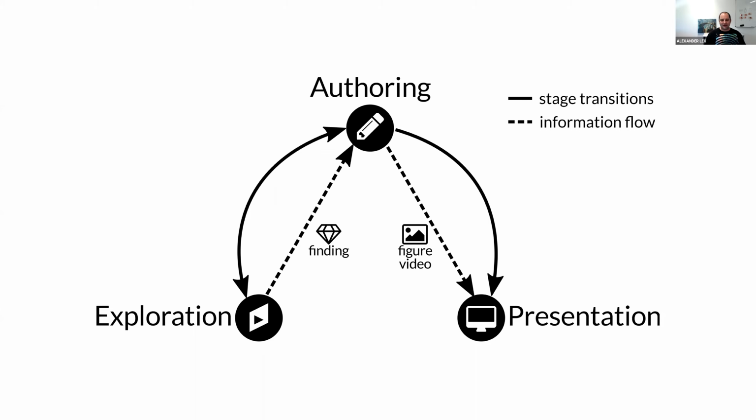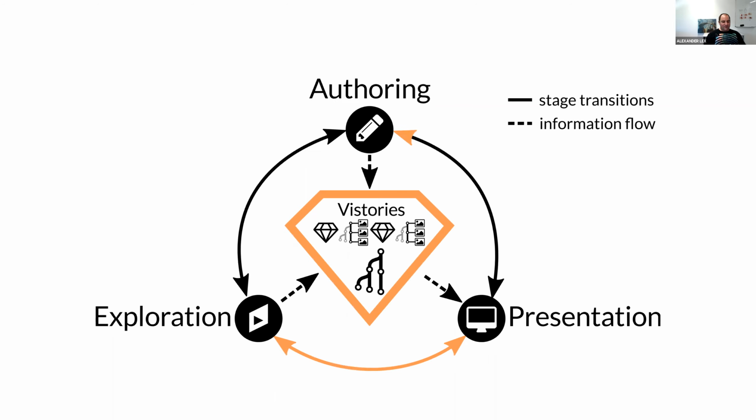And there really aren't any great tools to support this. We would rely on standard tools for presentations like PowerPoint or Adobe Premiere to create our analysis stories. And so what we did in this project is instead replace this with a centralized system, which we call VisStories, that tracks the provenance, but also allows us to author these visual analysis stories.